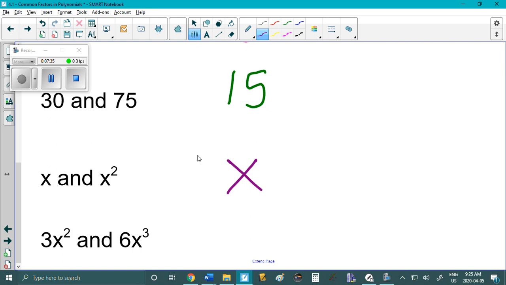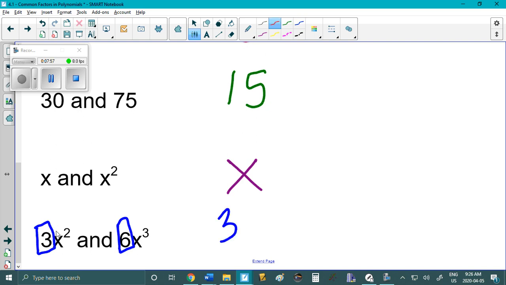All right, so if you got this one, I think you're probably almost good to go with all of today's lesson. What we're going to need to do here is break these terms up into their coefficients. That's the number that's out front, and their variable parts. So first, what's the greatest common factor of the coefficients? The greatest common factor of 3 and 6 is going to be 3.